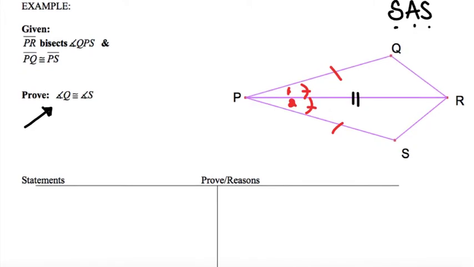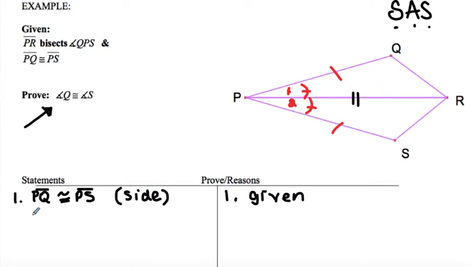All right, so let's get that all together. So first we get our given. I'm going to put PQ, I'm going to put the side first, is congruent to PS. And that's a side. So there's my one congruent statement I need. That's given. And I also am going to put PR bisects angle QPS. Now that is not a congruence statement, so I have to make one.